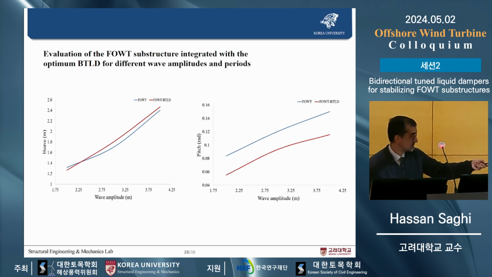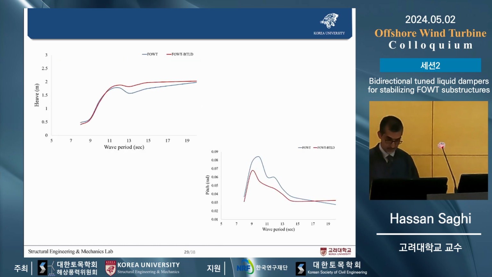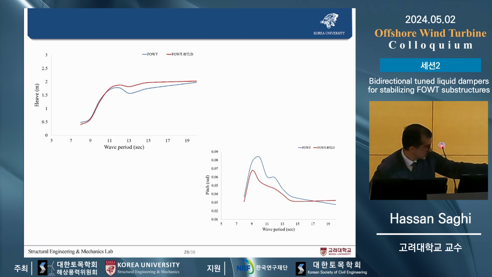I have to explain this model is only for the natural period of the substructure. And here you can see we modeled different wave periods. For example, in this figure, we compare the pitch motion of the substructure for different wave periods. The x-axis is the wave period, and the vertical axis is the pitch. As you can see, around the natural period, the pitch for the coupled or integrated system is much less, I think around 30% less.